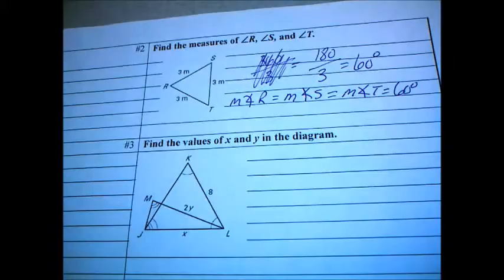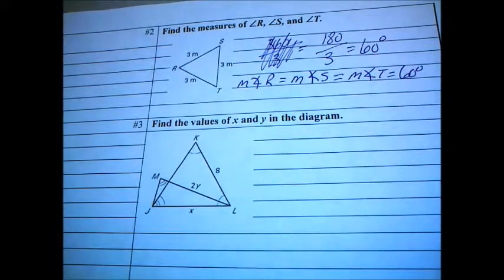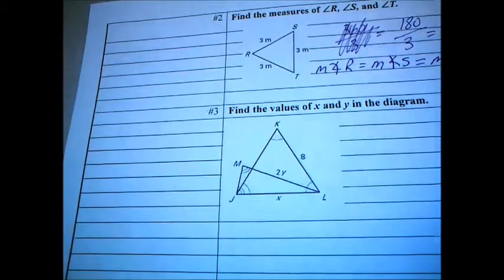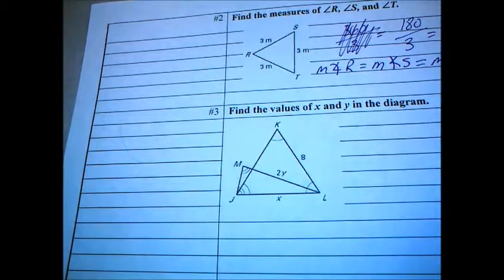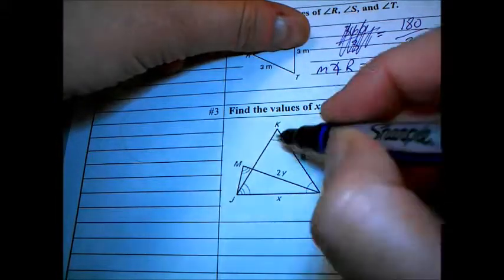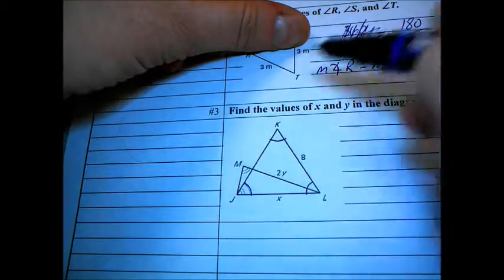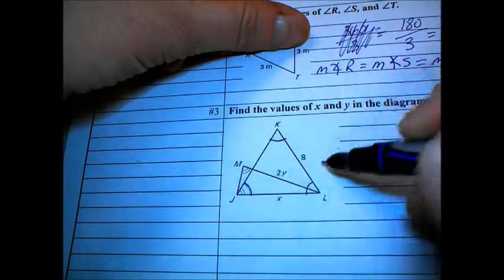Okay. On number 3, it says find the value of x and y in the diagram. I'm looking at my picture and at what is given to me. I see that K, L, and J are all equal, so that means all the sides are equal.